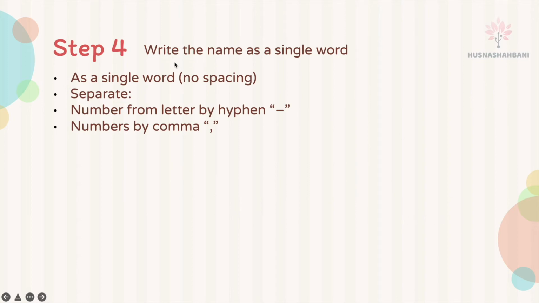Step number 4. Write the name as a single word, meaning no spacing. You have to separate the number from the letter by a hyphen or dash, and then separate numbers with numbers by comma. If number and number, separate by comma. If number and letter, separate by hyphen or dash.